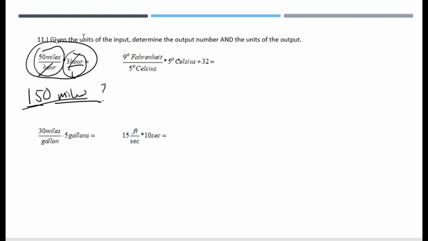Now this one here is Celsius divided by Celsius, they cancel. So I'm left with the units of Fahrenheit. That's what my unit is. Now what is my actual number? Well, 5 divided by 5 is 1. 1 times 9 is 9. 9 plus 32 is 41.